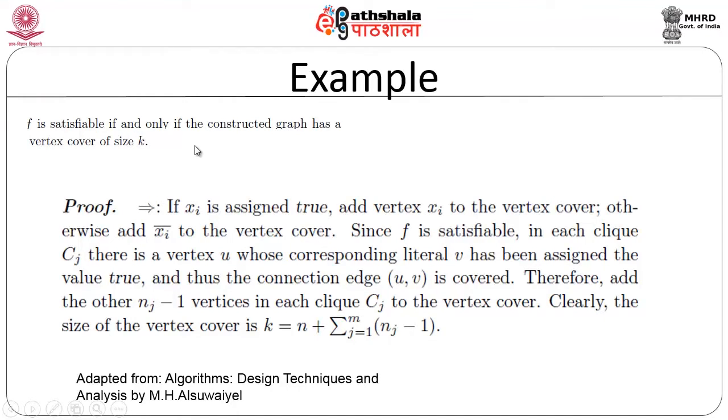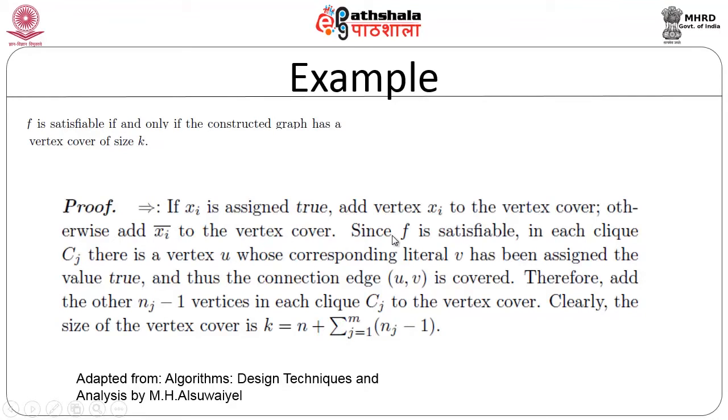Then you can argue this: f is satisfiable if and only if the constructed graph has a vertex cover of size k. The argument is like this: if xi is assigned true, then we add it as part of the cover; otherwise, we add xi bar to the vertex cover.